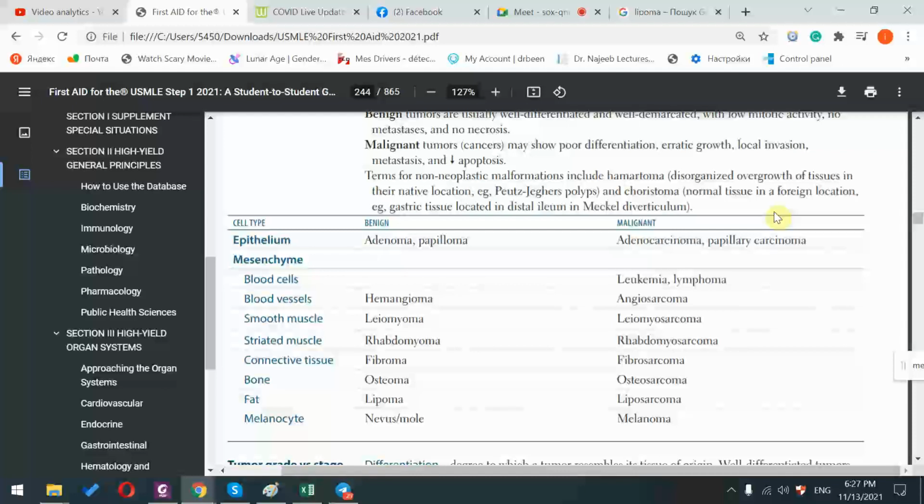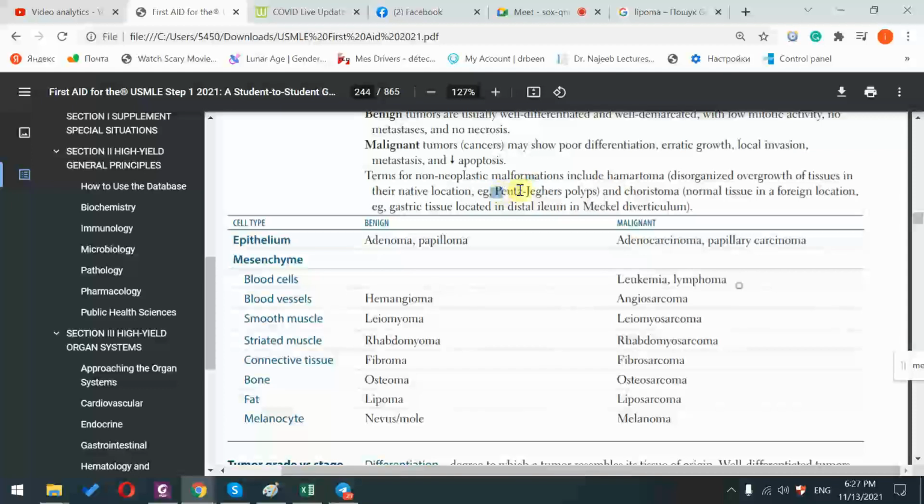So if you have an overgrowth of the same tissue at its original location, it seems like you want to say hyperplasia, but it's a little bit more excessive than hyperplasia, so we call it a hamartoma. Okay? One example of this is something called Peutz-Jeghers polyps.